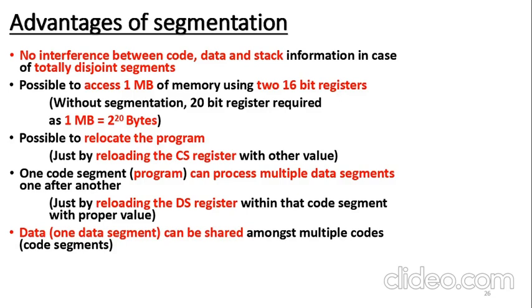But at a time only one code segment will be referring to it. Once that table is referred to by that code segment, thereafter a second code segment, as and when it becomes active, can refer to that same data segment, same mathematical table. So sharing of data is possible because of segmentation. So these are all the advantages of segmentation.